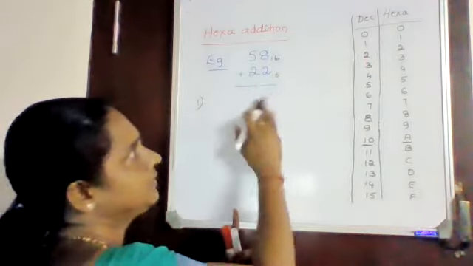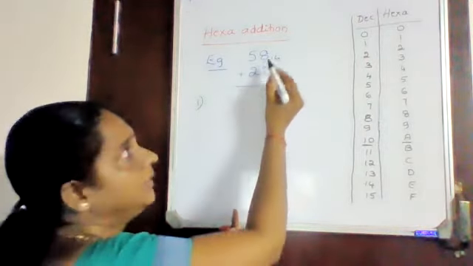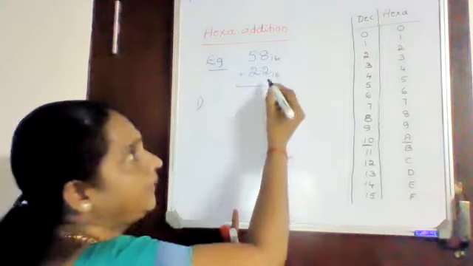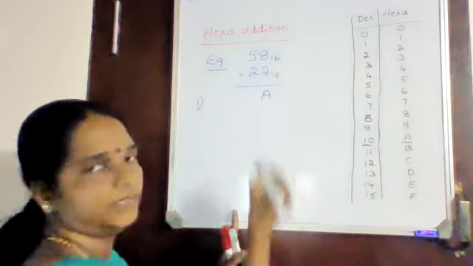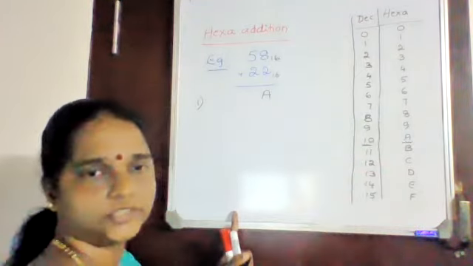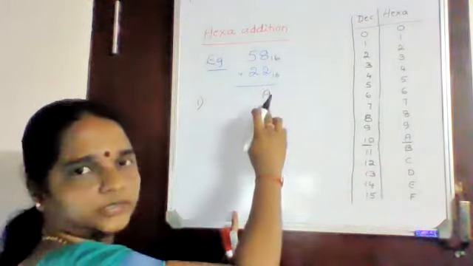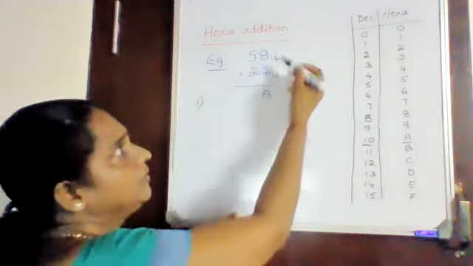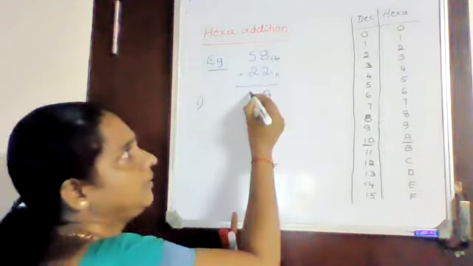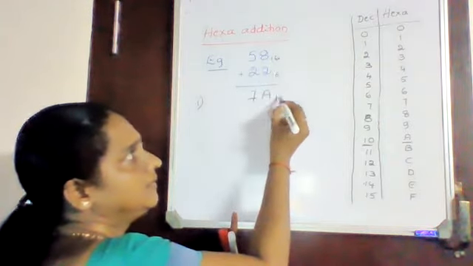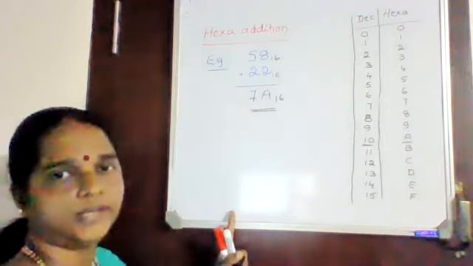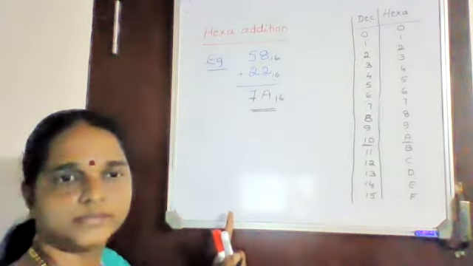So while adding 8 plus 2, bring it to the hexadecimal representation A. So 8 plus 2 is A. 5 plus 2 is 7. So the sum of 58 plus 22 is 7A.